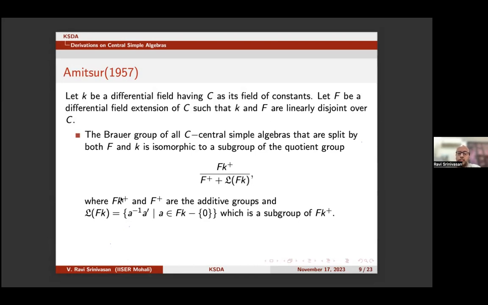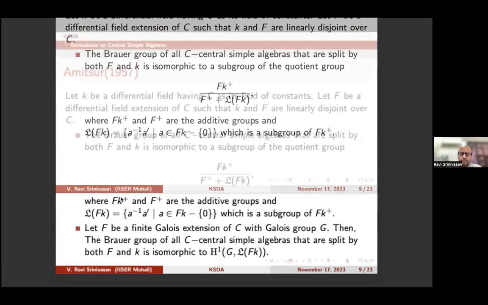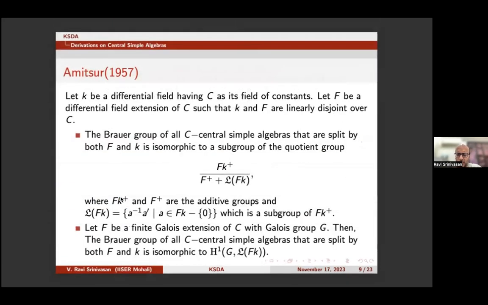So he uses derivations to study Brauer groups, and there's also a cohomological interpretation. He shows that the first Galois cohomology group is in fact isomorphic to this one, the Brauer group of all central simple algebras split by both F and K.